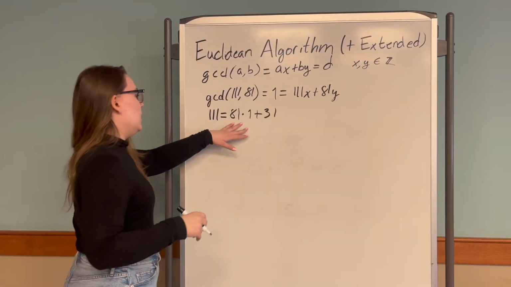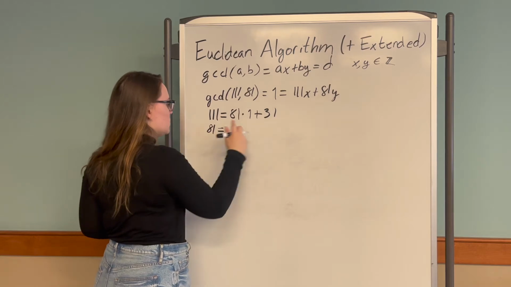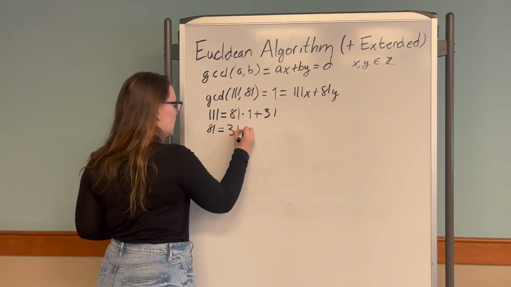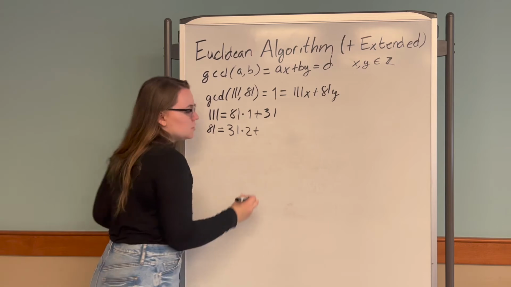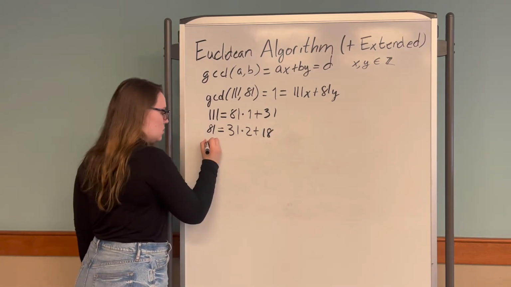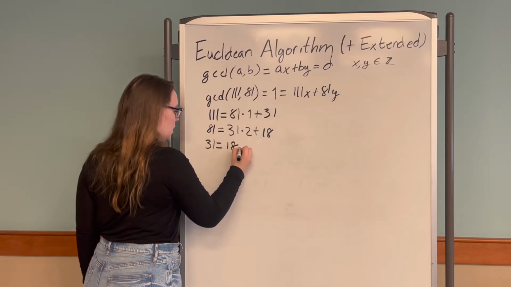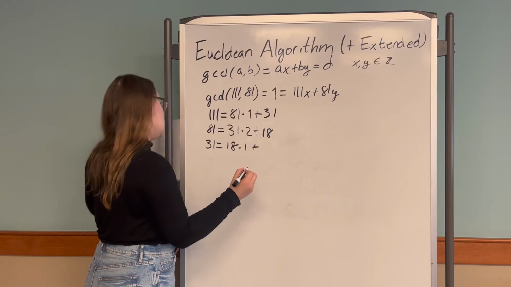And then we look at 81, which is equal to whatever this remainder is, 30 times 2 plus 18. Then we look at 30 is equal to 18 times 1 plus 13.